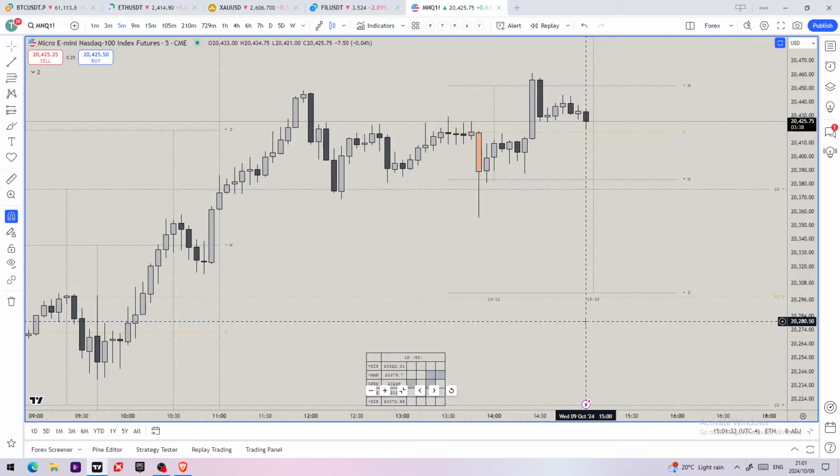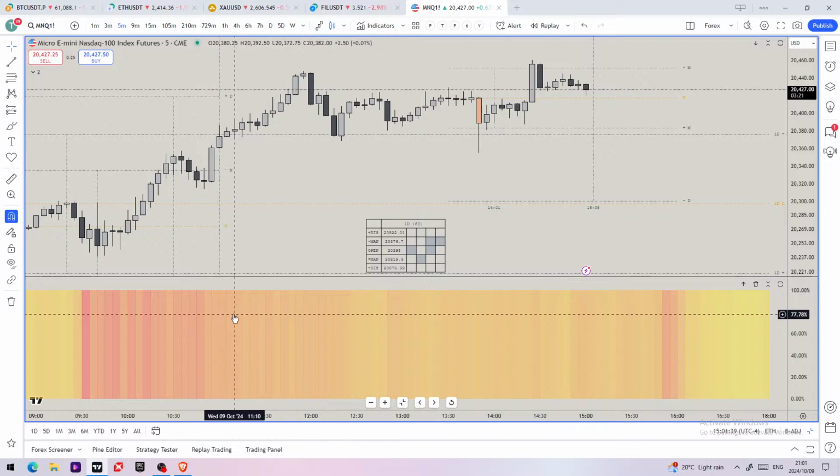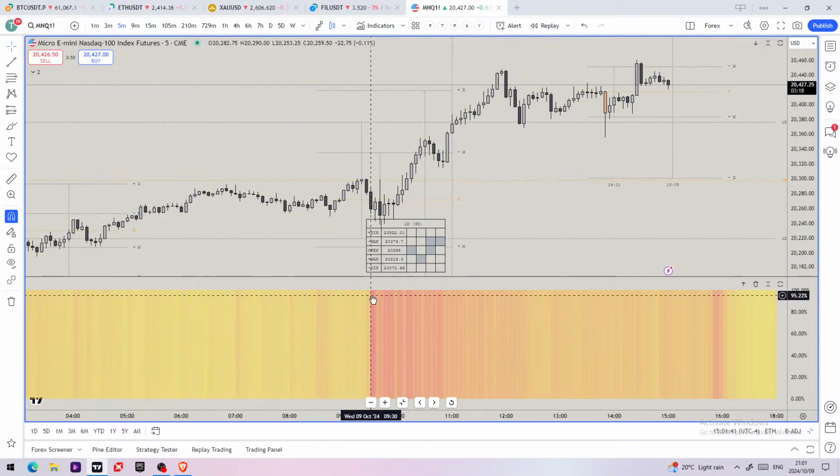I'm going to try and keep it short and sweet. We're basically going to cover the open, high, low, close indicator from Joshua, the session Statmap, and there is one more that he's included, which is called the volatility indicator.